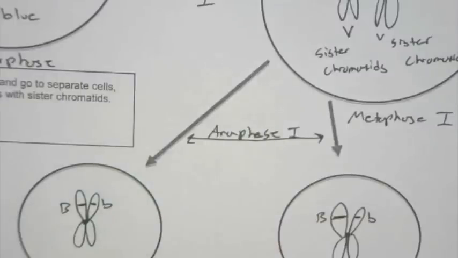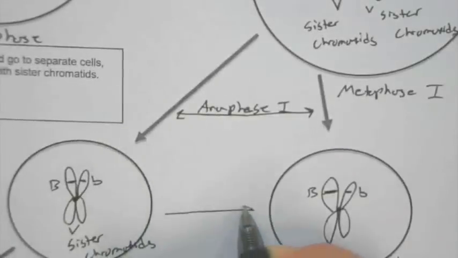We have two cells now. They're similar. They both contain sister chromatids. We're going to say that these two circles represent metaphase 2.